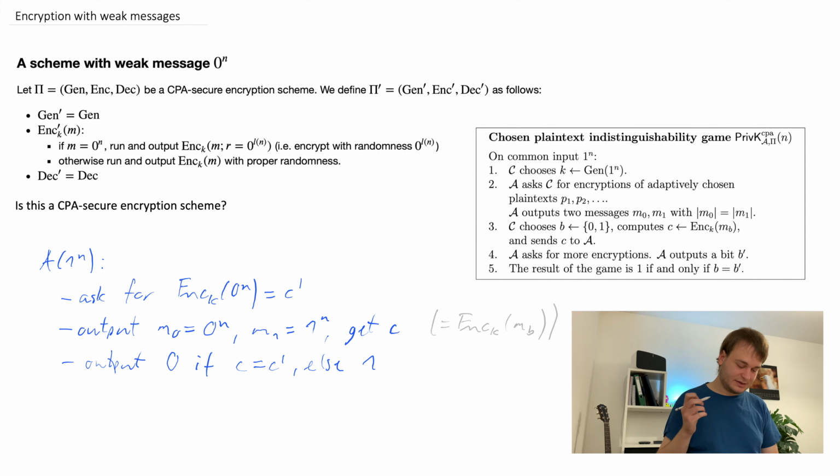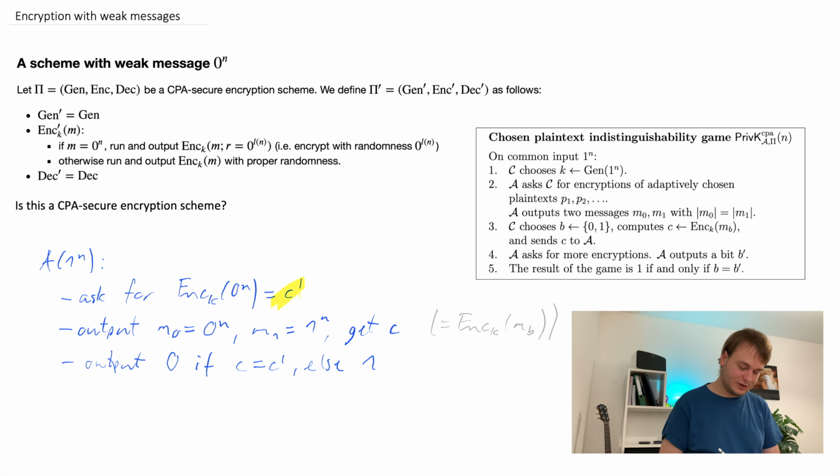And this adversary will always just win this game. Why? Well, he knows the one single ciphertext for 0. Then the two challenge messages that he chooses are 0 and let's say 1, it doesn't matter.